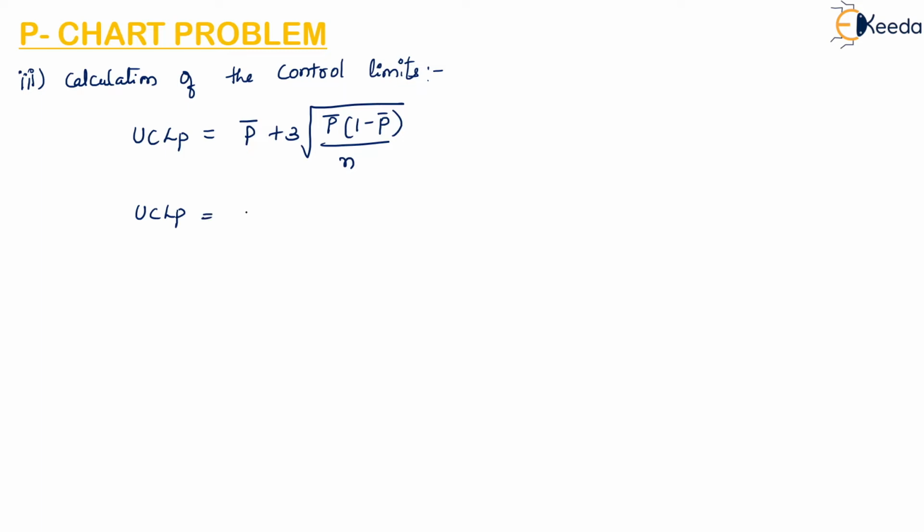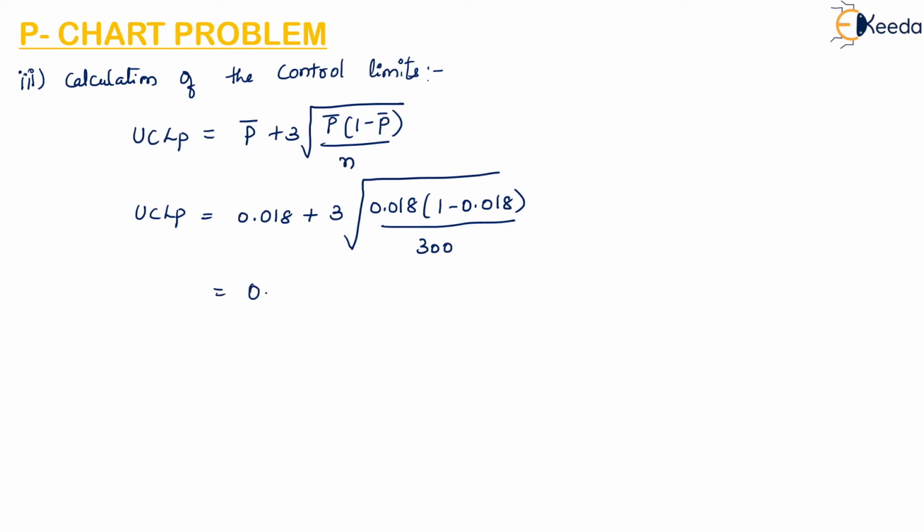We will write it as 0.018 plus 3 into root of 0.018 into 1 minus 0.018 divided by 300. So for this, we will get the upper control limit as 0.041 after simplification. So this is the upper control limit.